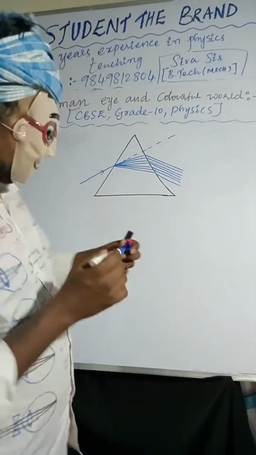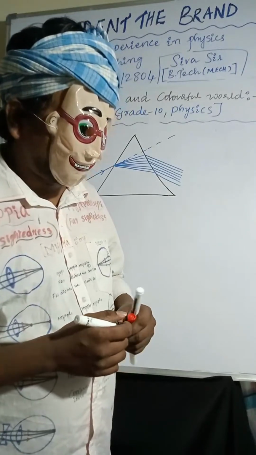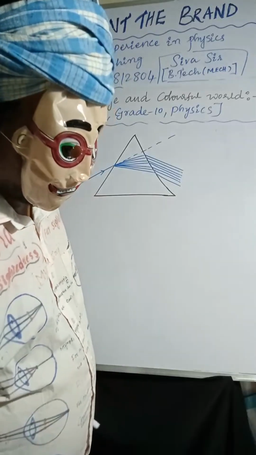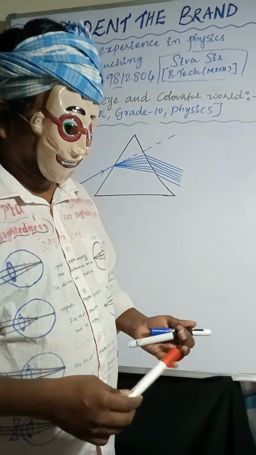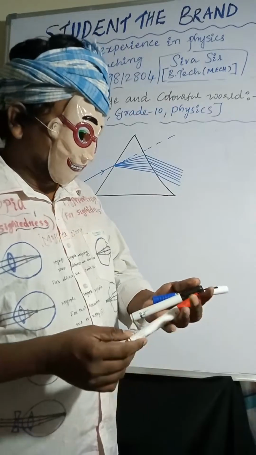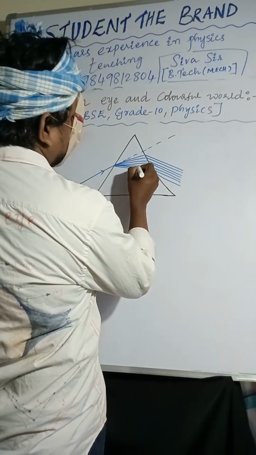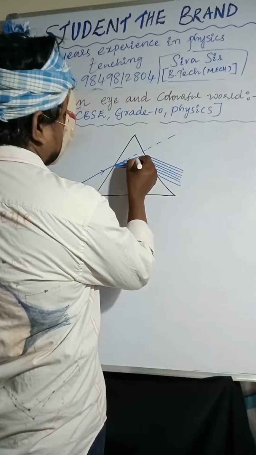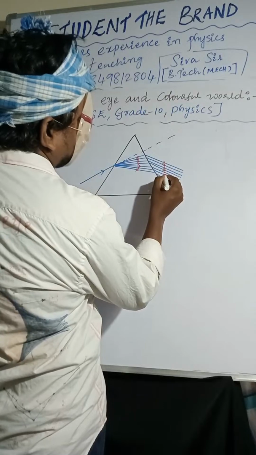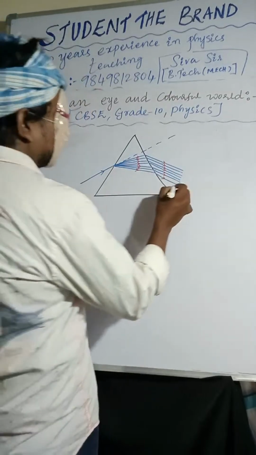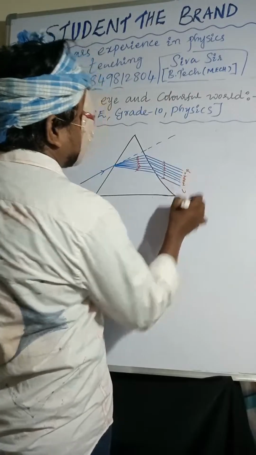So these 7 colors appear when a light ray passes through the prism: violet, indigo, blue, green, yellow, orange, red.